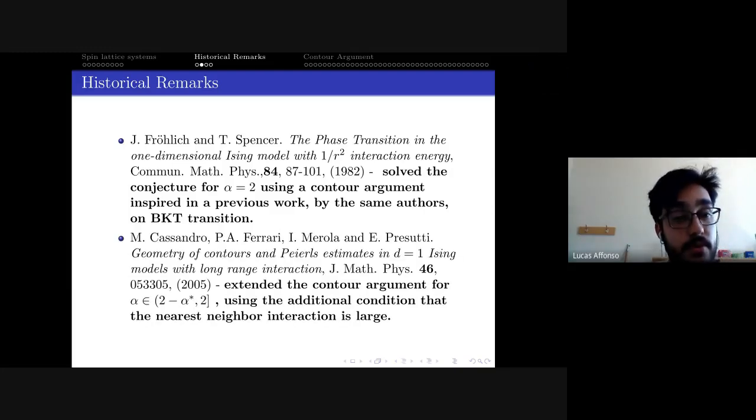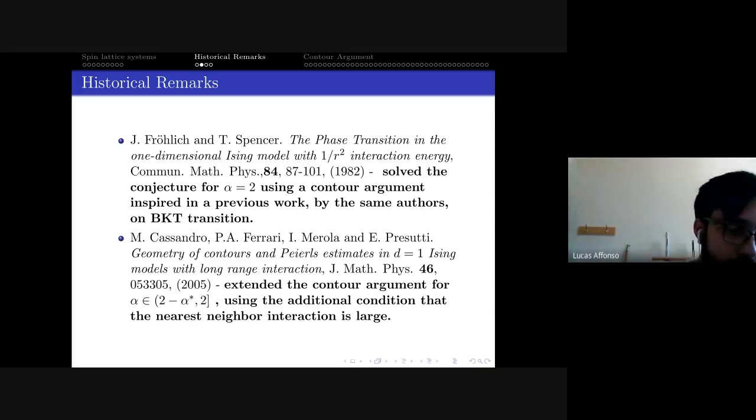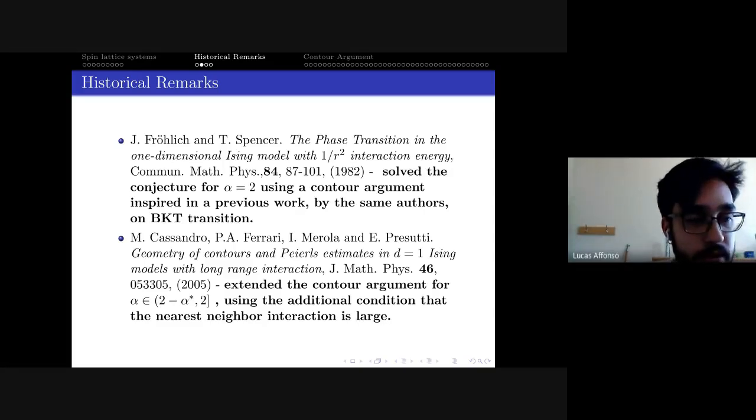We have a new result with Cassandro, Ferrari, Merola, and Presutti, where they extended the contour argument. The novelty of the result is in this sense: they extended the use of contours to prove a phase transition for a larger region of the parameters, not only for alpha equals 2.